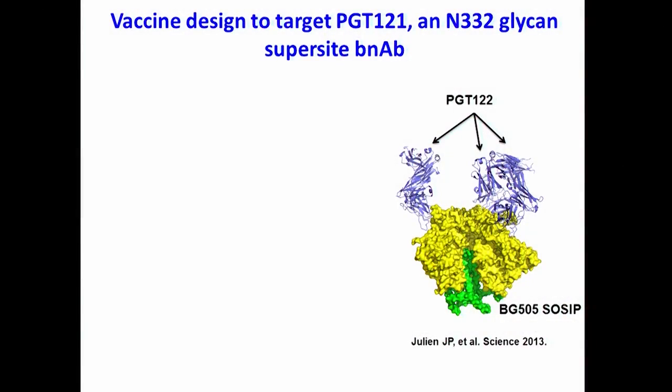So I'm going to be talking about vaccine design to target PGT121-like antibodies. PGT121 is a broadly neutralizing antibody that targets the N332 glycan supersite on GP120. This is a structure of PGT122, a related antibody, bound to the BG505 SOSIP trimer.